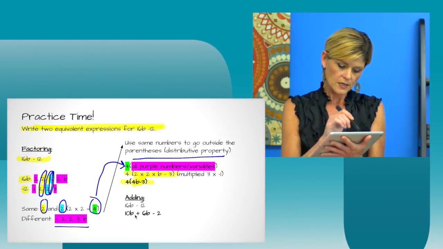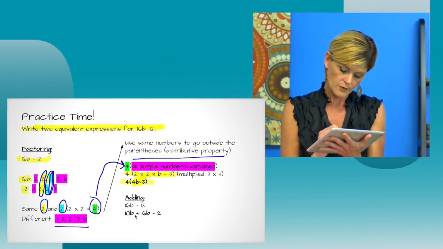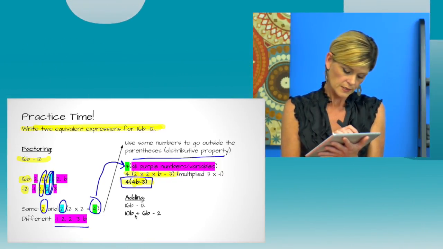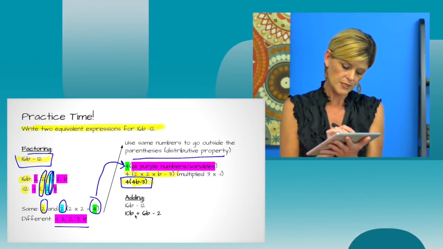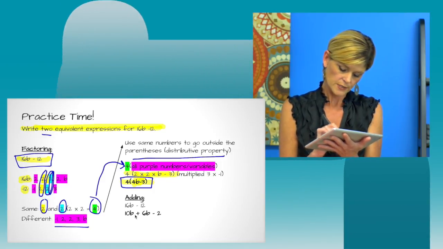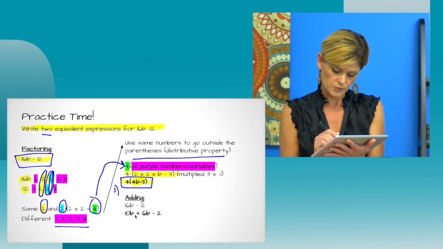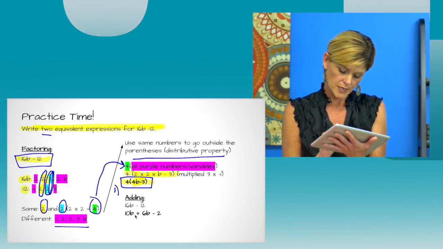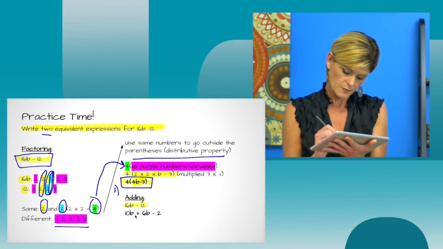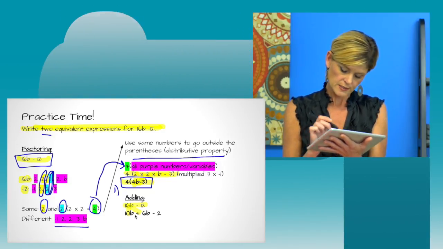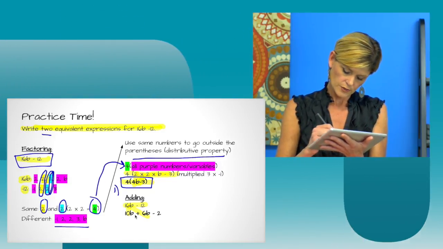So that is another way, or an equivalent way, of writing 16b minus 12. But remember, it asks for 2. So here's 1. We can write it as 4 times 4b minus 3. Or even more simply, I could just write 16b minus 12 is the same thing as 10b plus 6b minus 12.